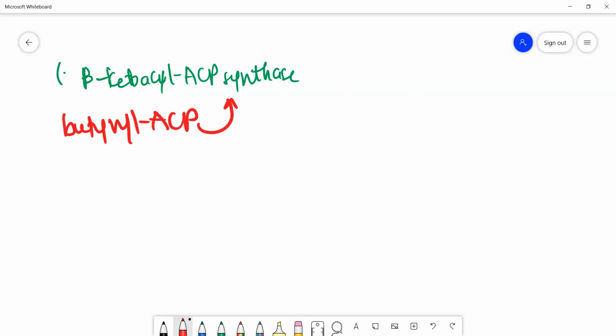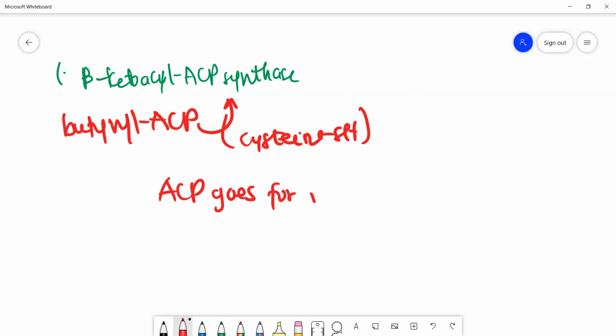The butyryl becomes bound to a cysteine SH at the active site. Now ACP goes for malonyl and brings it back to this active site. So right now you have butyryl and malonyl.